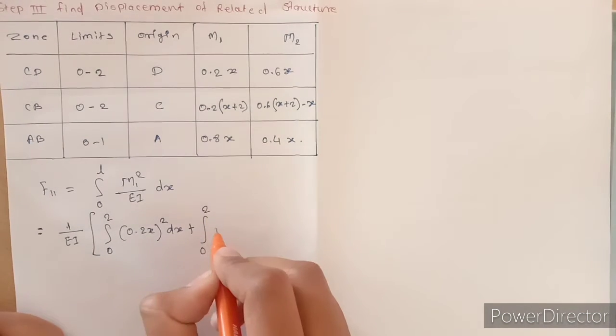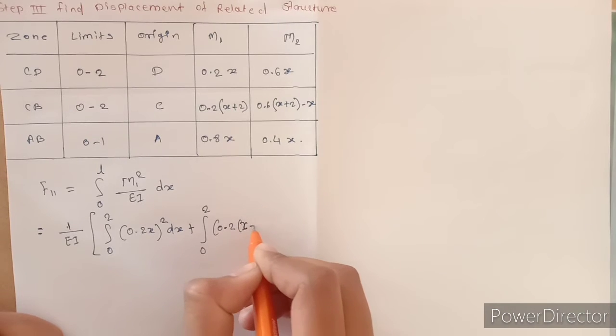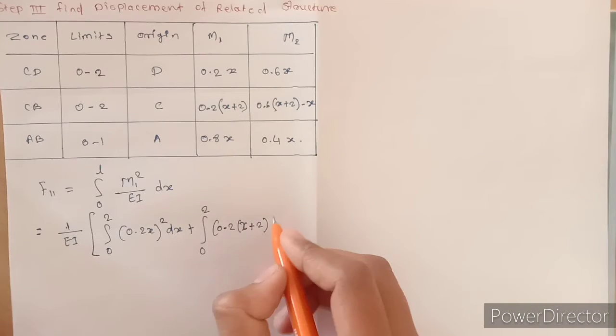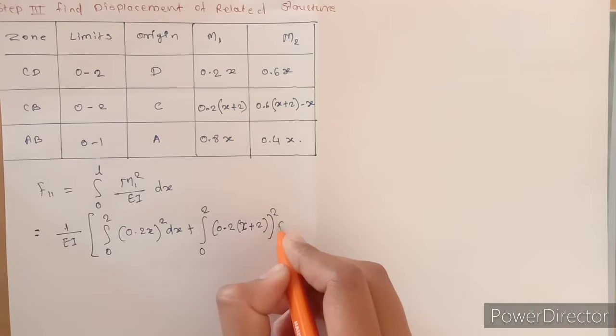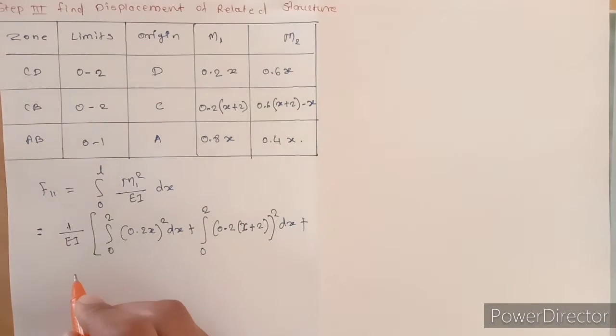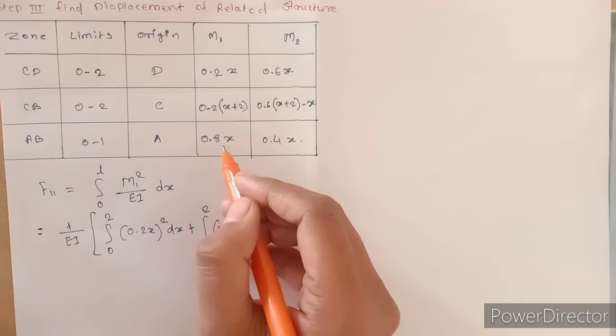Then moment is 0.2 in bracket x plus 2 then whole bracket square into dx, and then last AB zone. So our moment is 0.8.